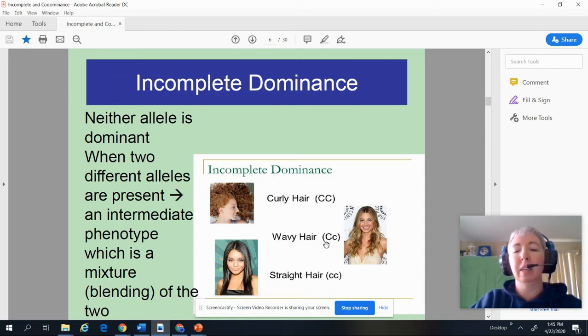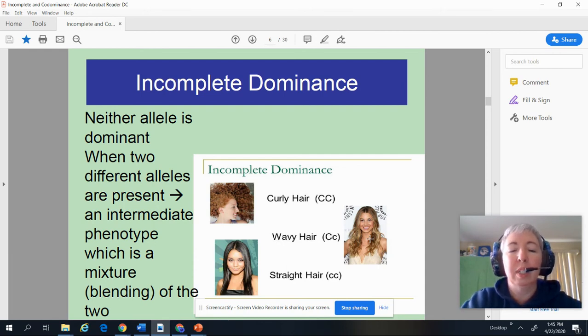Look at the genotype here. It has a dominant and a recessive, but instead of showing only the dominant trait, like Mendel said, in incomplete dominance, they mix together and create something in between. So neither allele is dominant.